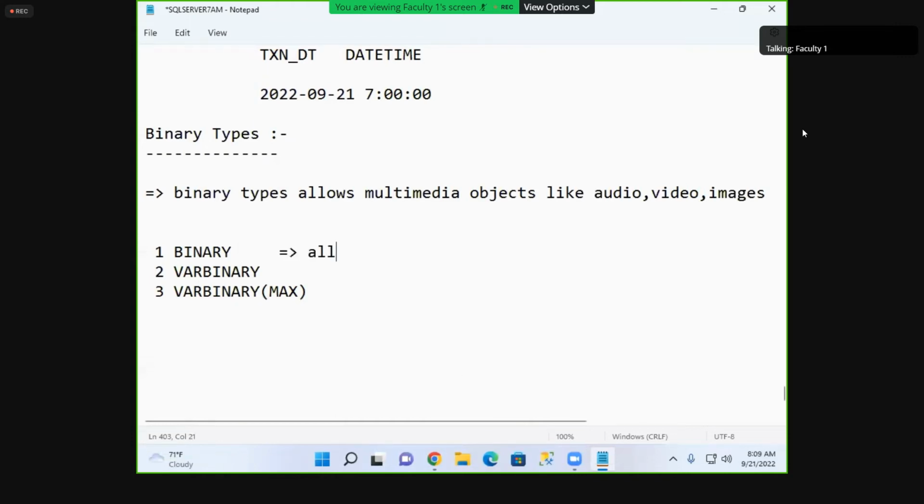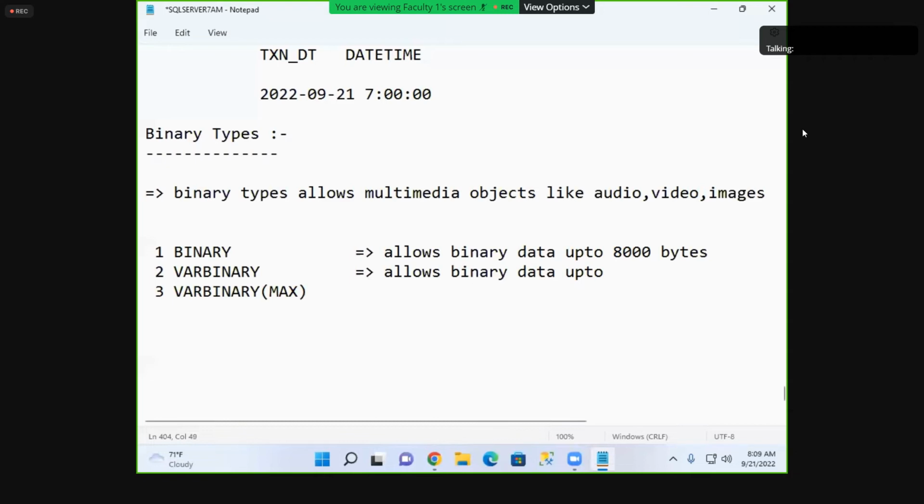Binary allows binary data, meaning audio, video, images, up to 8,000 bytes. Varbinary also allows binary data up to 8,000 bytes.